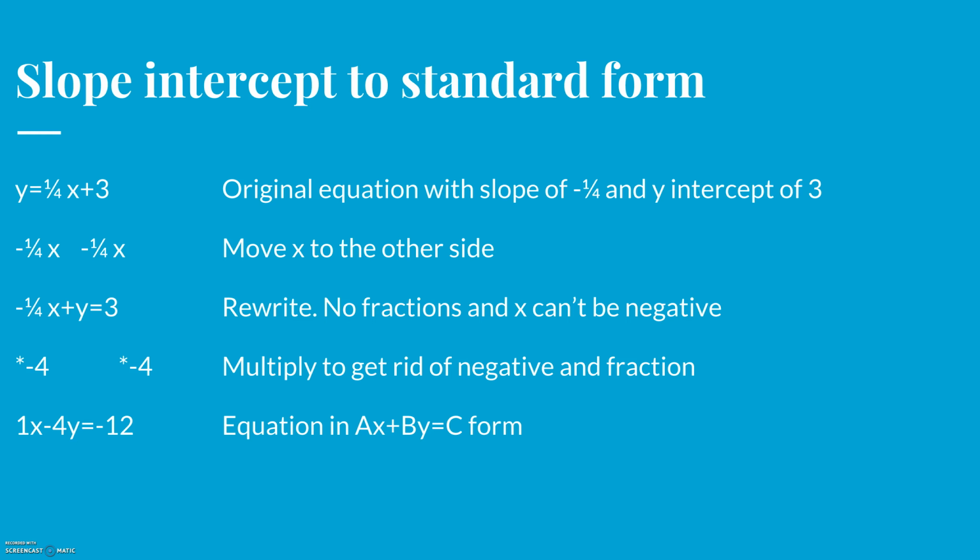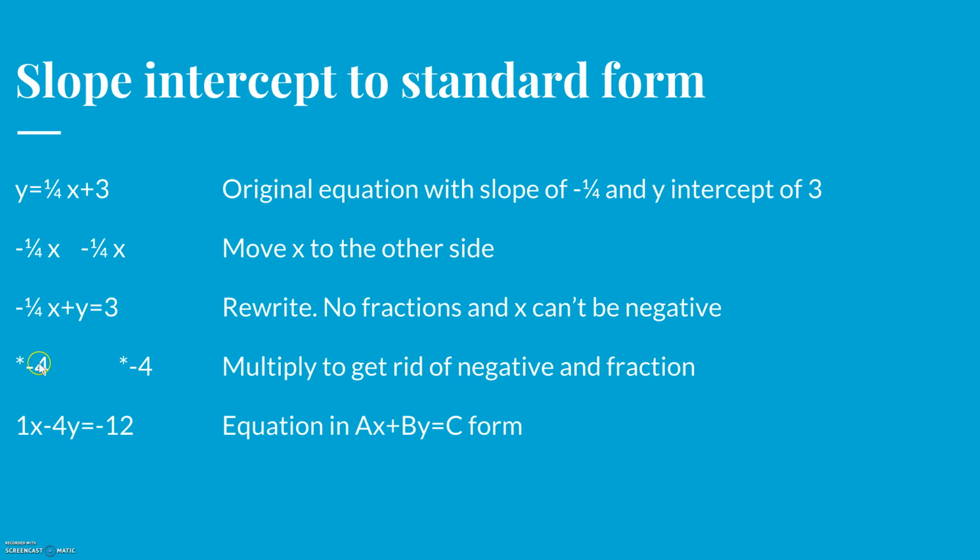So what we're going to do to correct that is multiply by negative 4. Once we multiply by negative 4, that'll take care of the negative coefficient on x. And once we multiply by that 4, that will take care of the denominator. Multiply by the denominator to get rid of the fraction.